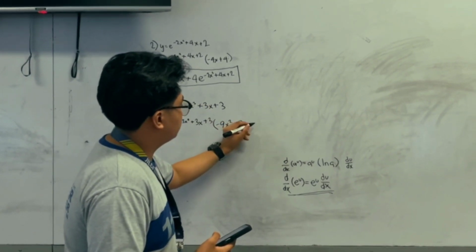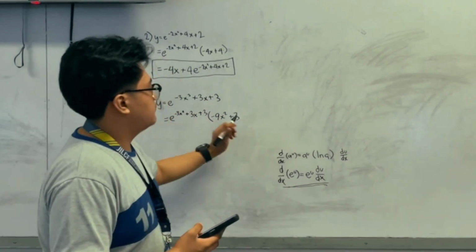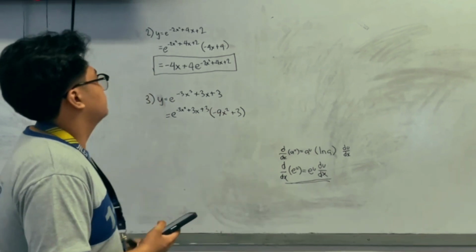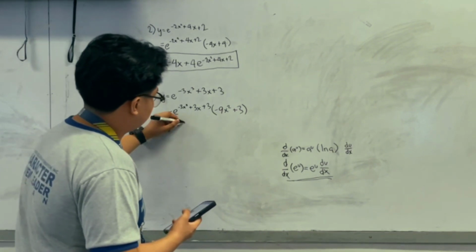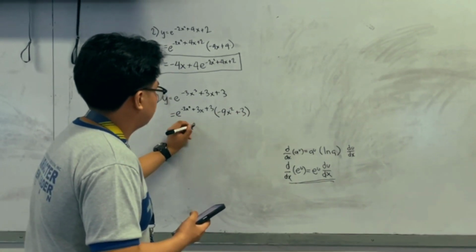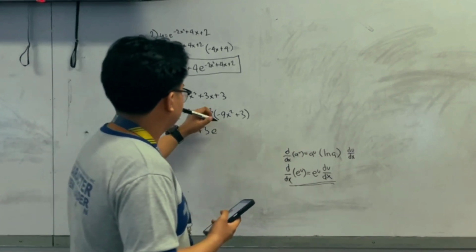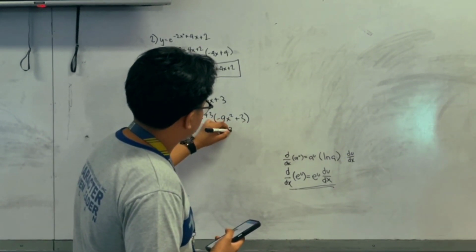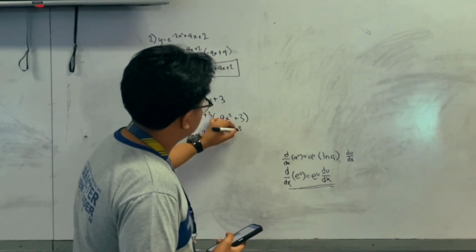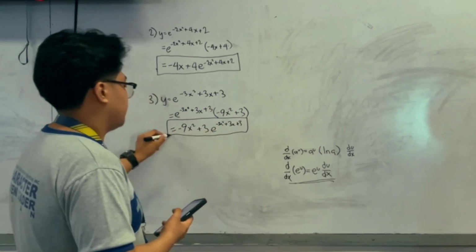The derivative of positive 3 is 0, but we can remove that because it adds nothing to the equation. The next step is to multiply the derivative of u by the value of e. We're going to write negative 9x squared plus 3 multiplied by e raised to negative 3x cubed plus 3x plus 3. And that is our final answer for the third and last given for the medium difficulty.